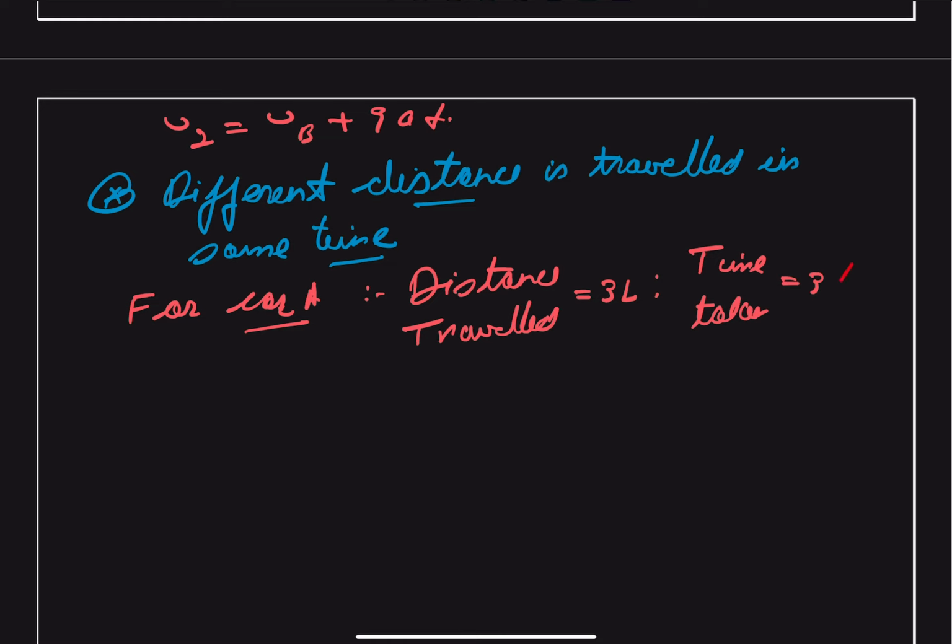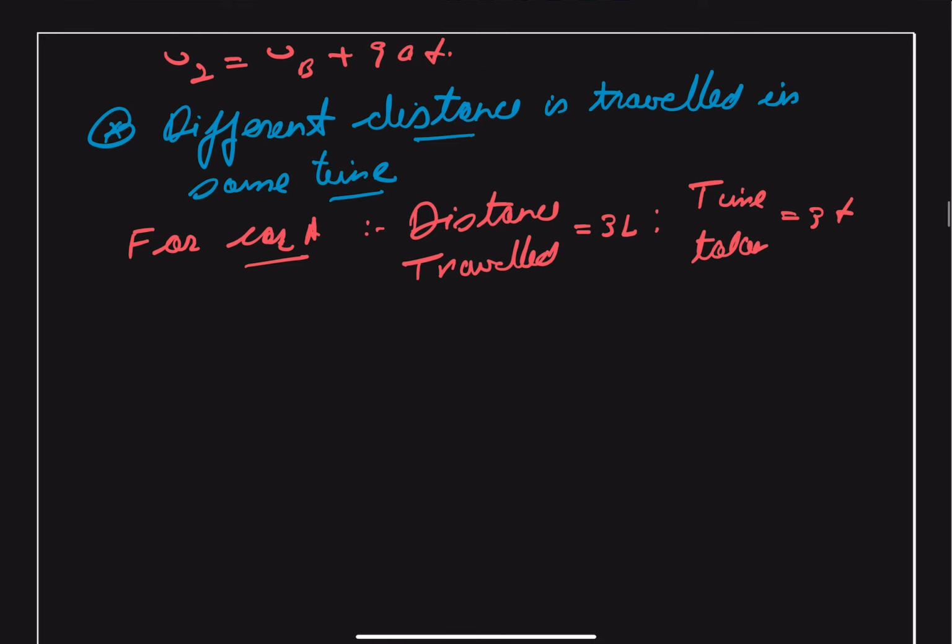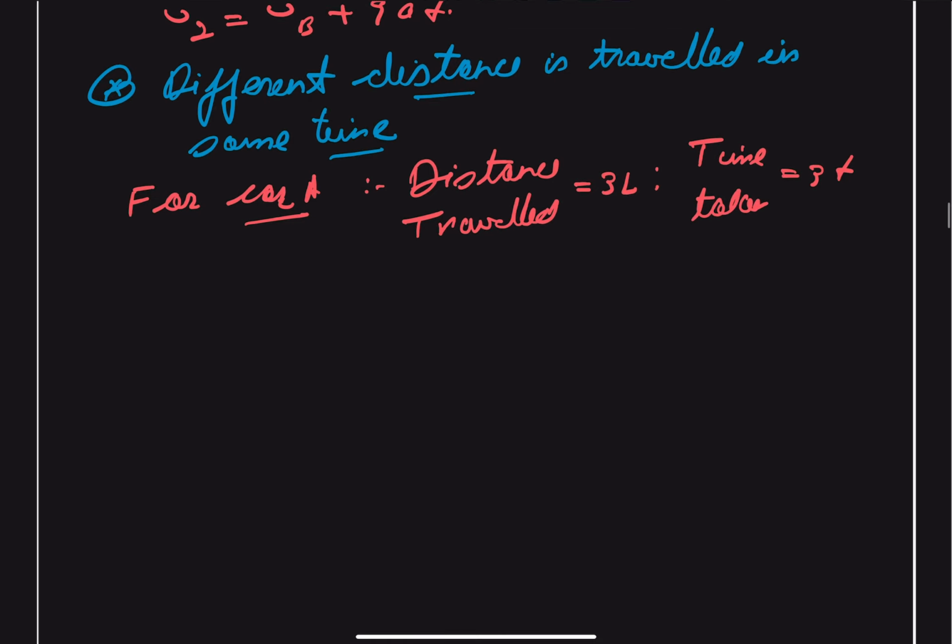Whereas for car B, distance traveled is 2L, and the time taken is once again the same, that is 3T.